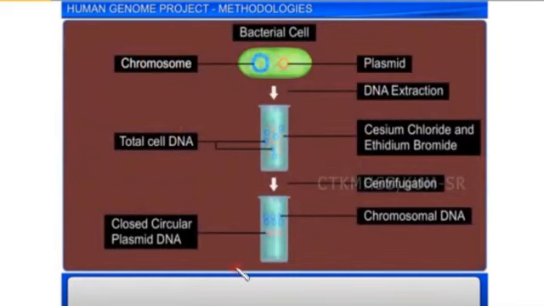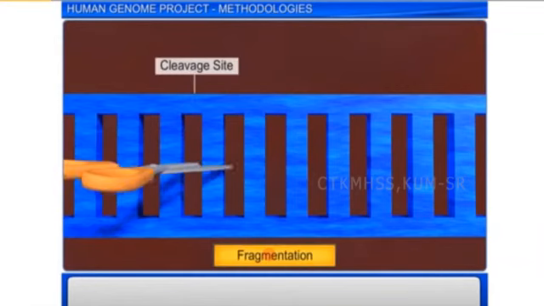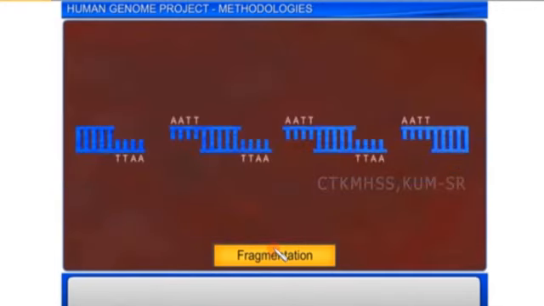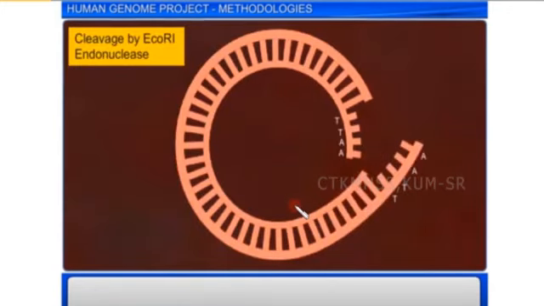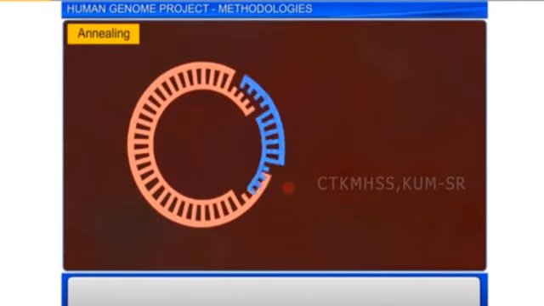For the purpose of sequencing, the complete DNA was extracted from a cell and divided into smaller fragments, since it is technically difficult to use a longer fragment of DNA. So these are fragments of DNA. These DNA fragments were then cloned using suitable hosts like bacteria or yeast, with the help of specialized plasmids or vectors.